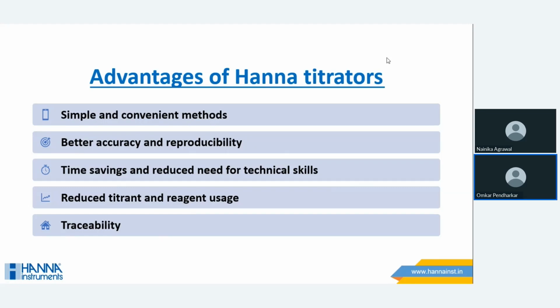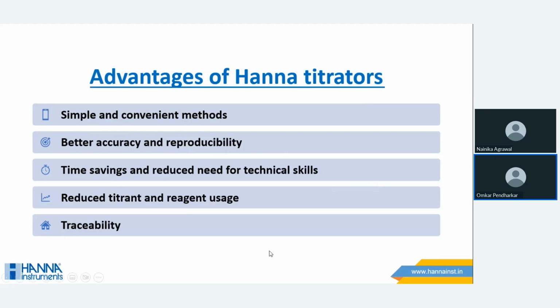Also, it will reduce the need for technical skills. In case of manual titration, we need multiple technical skills for the analysis. The results can vary from person to person due to the difference in the technical skills. That is not the case with potentiometric titrators. So this is also an important factor for the difference between the manual titration and the potentiometric titration.